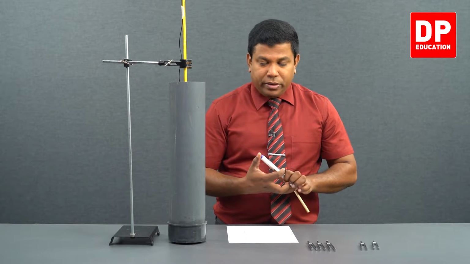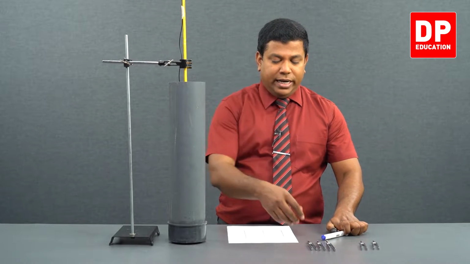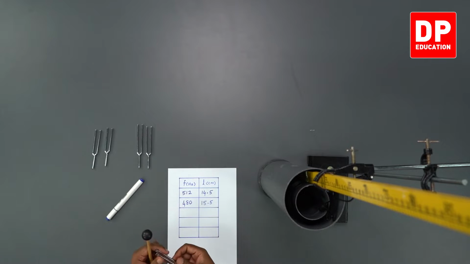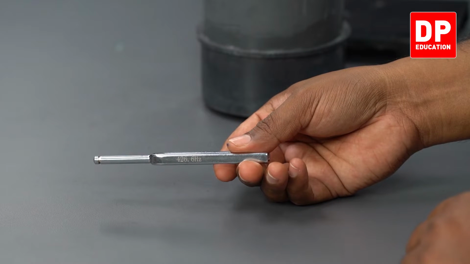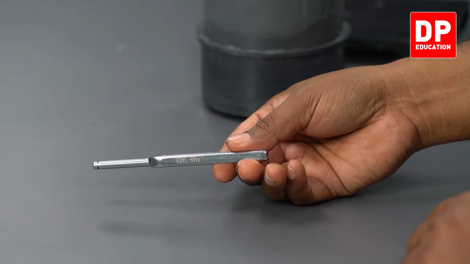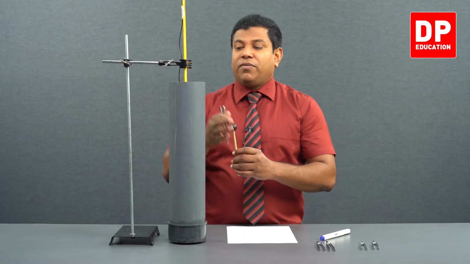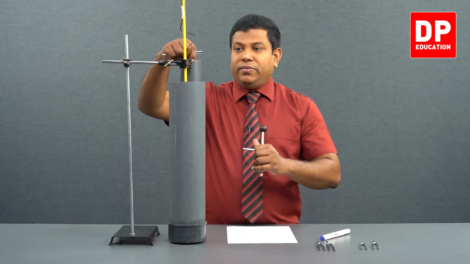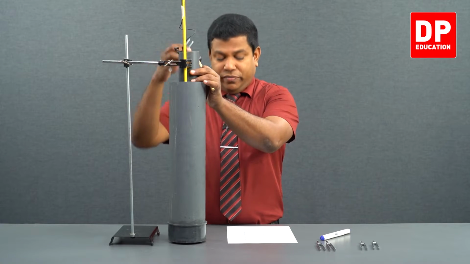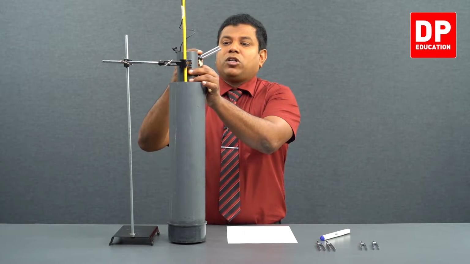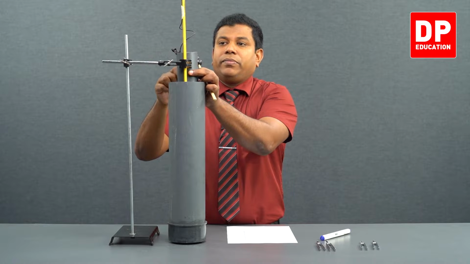The next one has to be a lower frequency than 480. What I have is 426.6 hertz. I can start from where the previous resonance happened. It was at 57.5, isn't it? So, approximately from 57, I am starting.